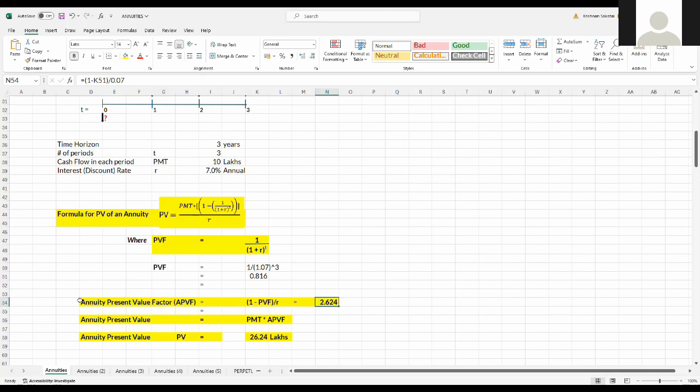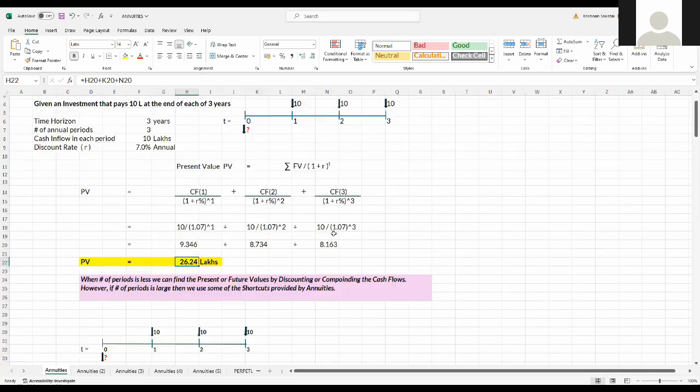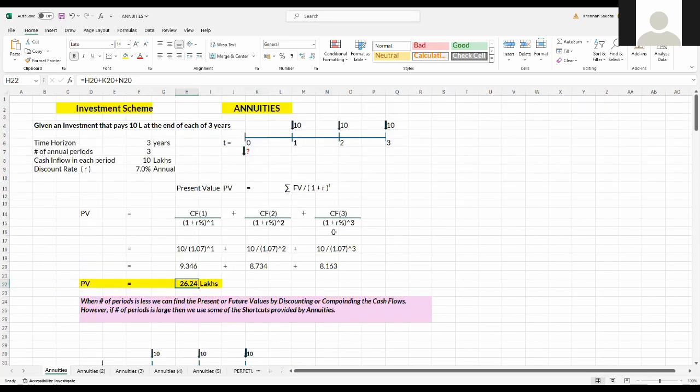It just sounds complicated, but if you look at this problem step by step, it becomes very easy, so there's no confusion. The present value of the annuity is payment multiplied by APVF, which comes to 26.24 lakhs. This is exactly the same as the value we got using the conventional discounted cash flow methodology. That means these two methods are equivalent.